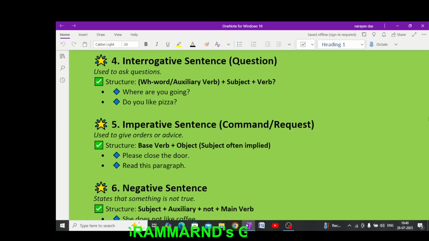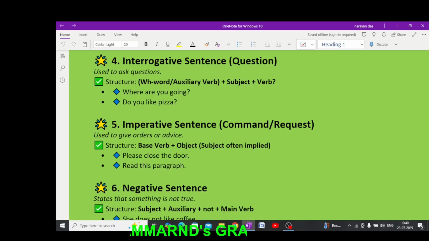So in the requesting sentence or order sentence or command sentence, same thing, the second person subject is kept silent, and in case of order and command, the sentence begins with the verb.